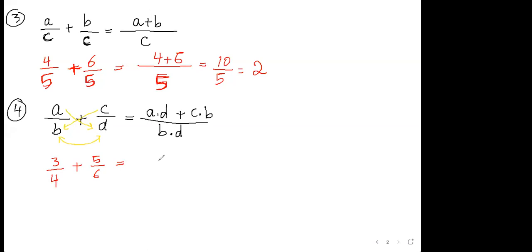Yes, Chris. You said you cross multiply, so you multiply 3 times 6, and then add it with 5 times 4. So 3 times 6 is 18 plus 20, and then over 24, I think. Over 24. Yes.